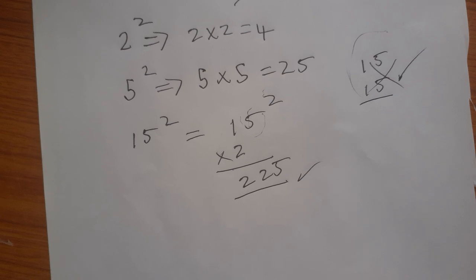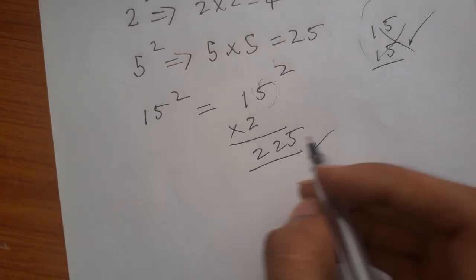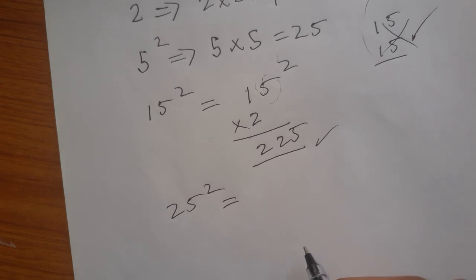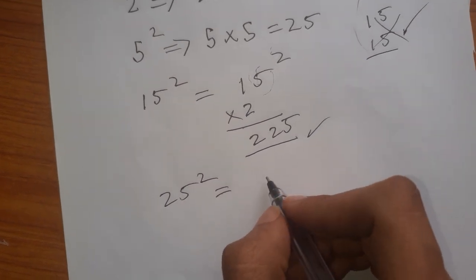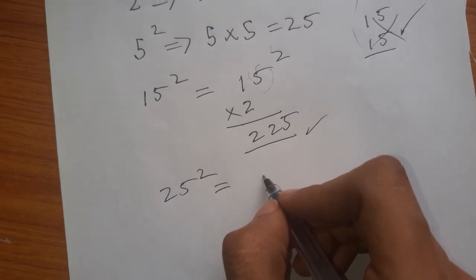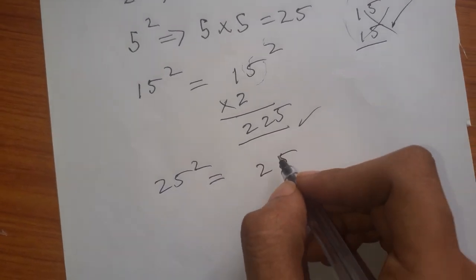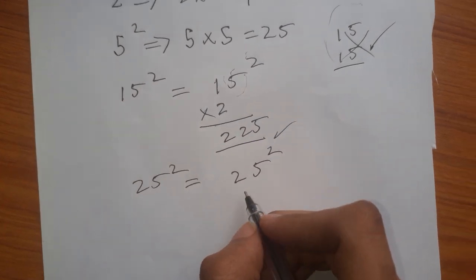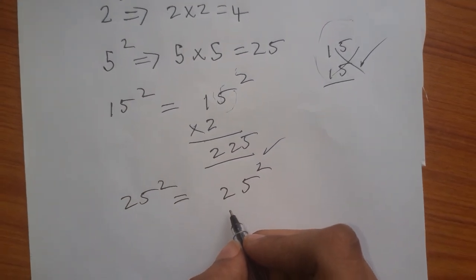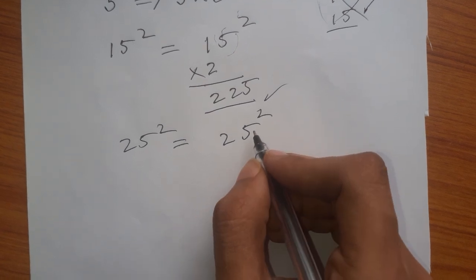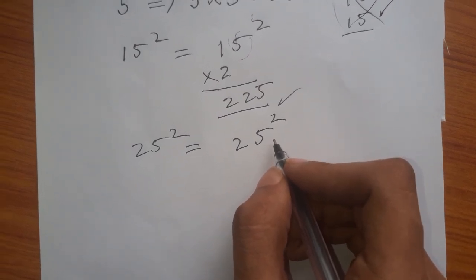Is that clear? Next we will find the square of 25. You can try in parallel with me, it will help you a lot. Okay, 25, forget about this 5 for some time and see what the square of 5 is.